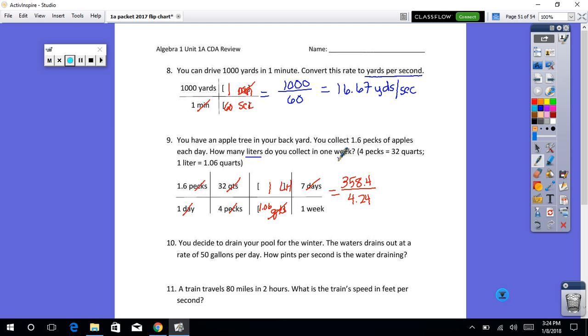They want liters and weeks, which is exactly what I'm left with. When I divide, I end up with 84.53 liters per week.